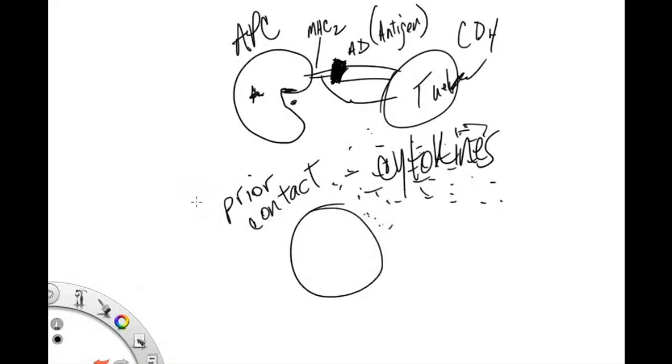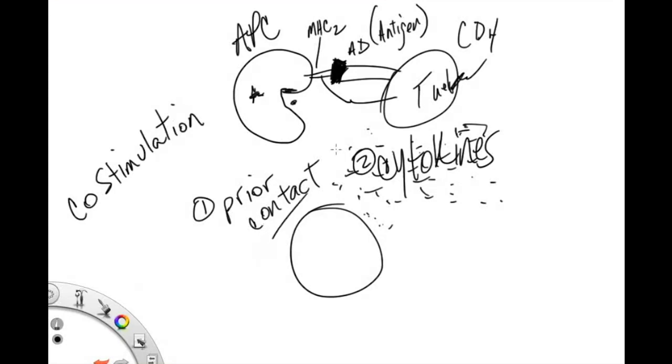So look, there's two parts, a prior contact and cytokines. So we say that in order to really truly activate these T cells, we must have had co-stimulation occur. Yes, they had their prior contact with what? The antigen. It's good enough with the antigen. And the cytokines from the helper Ts work together to activate it.